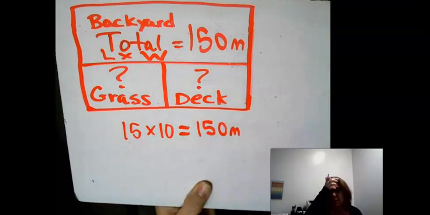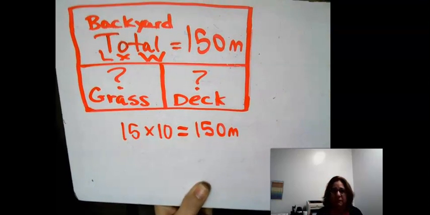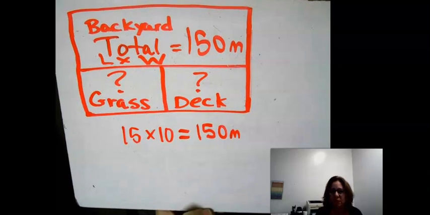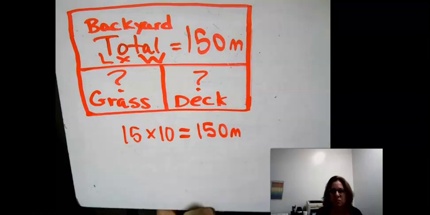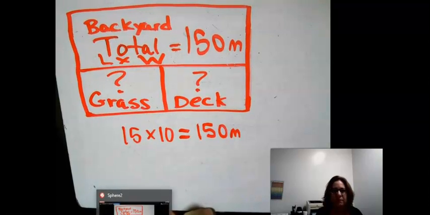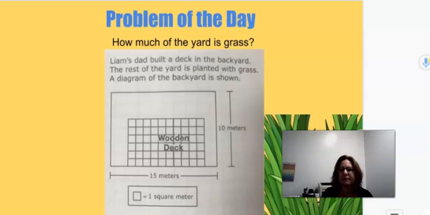All right, now we need to figure out how big that deck is. So we're going to count those squares. We can count them all up, or we can multiply length times width. Okay, so I think that multiplication is faster than counting all the squares. So I'm going to count.